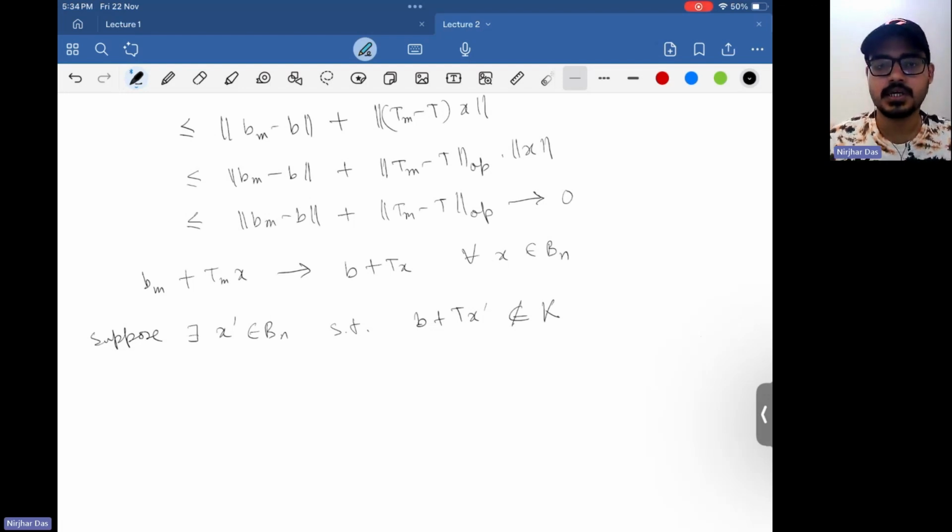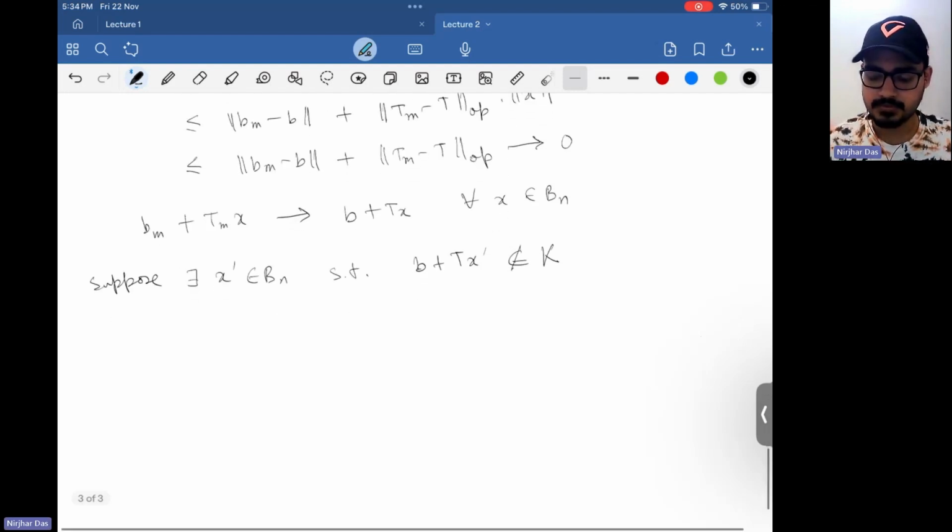And that will give us the closeness that we were seeking, because B comma T is the limit point of the sequence Bm comma Tm, and therefore if we can show that B comma T also lies in the set F of epsilon, then we have the closeness, right? So suppose this happens.